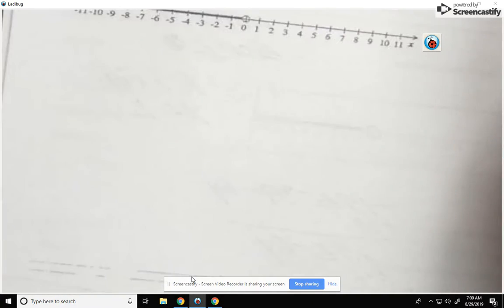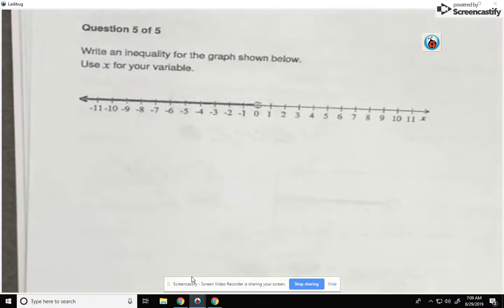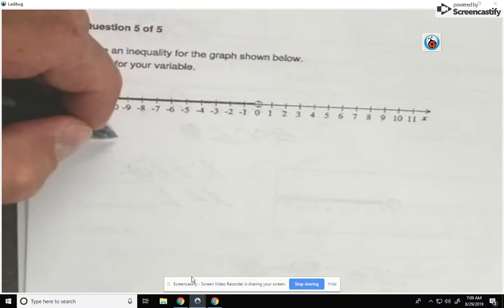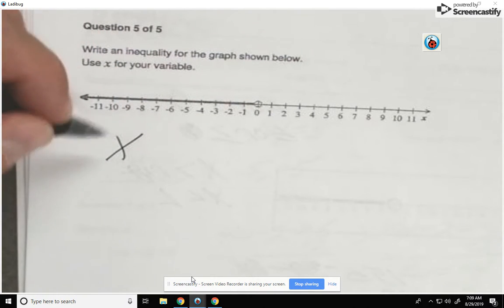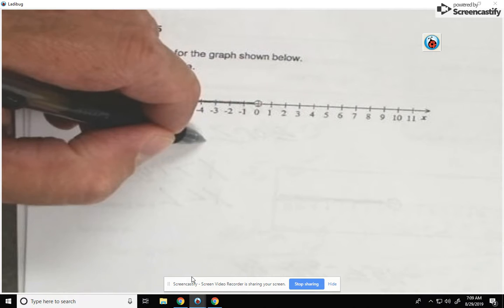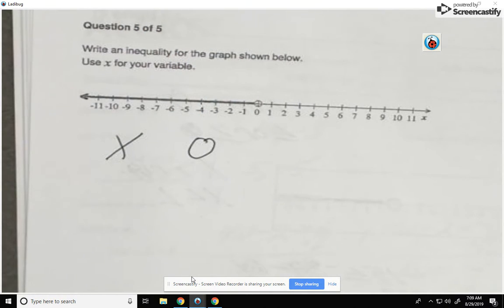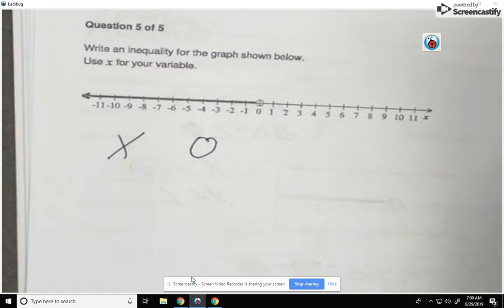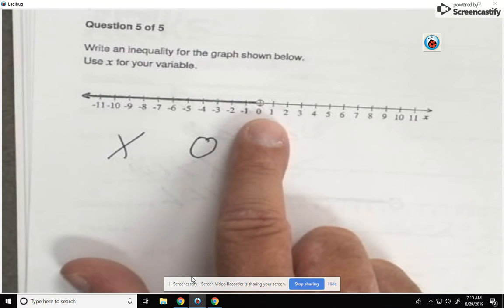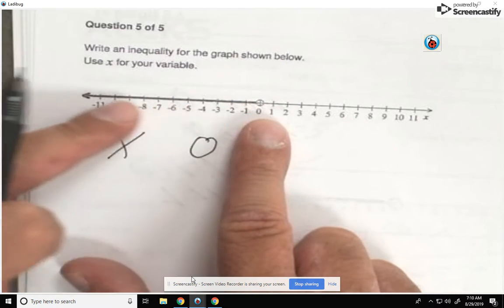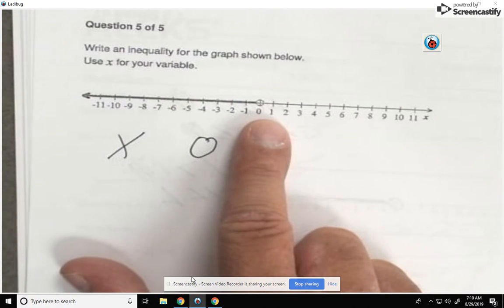Alright, finally, question 5 asks you to write an inequality for the graph shown. Okay, so we're going to start off, we're going to put in an x, and we're going to leave a little bit of a space, and we're going to put the number that our dot is on. Okay, so now we just need to figure out what inequality symbol we need. Okay, so first off, we know that from here, our shading is going to the left of our point.